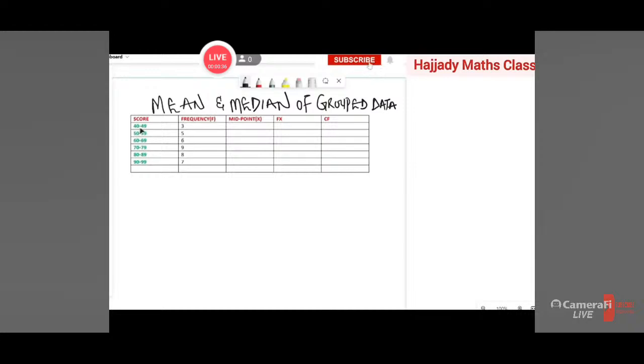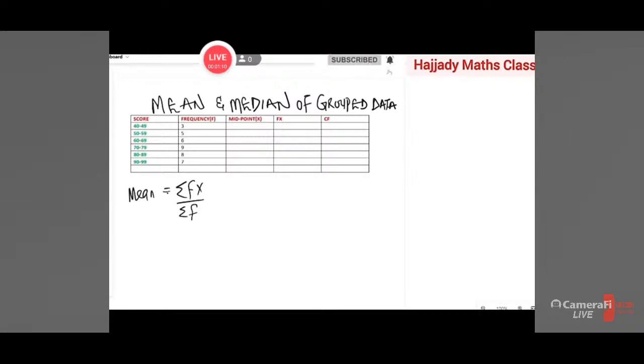Now looking at the question given to us here, we have these observations being grouped as shown here, and we have the frequency for each of it. What we are expected to do is to calculate the mean. Don't forget from the definition that the formula for calculating the mean is summation of fx over summation f.